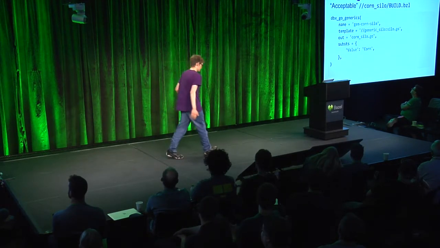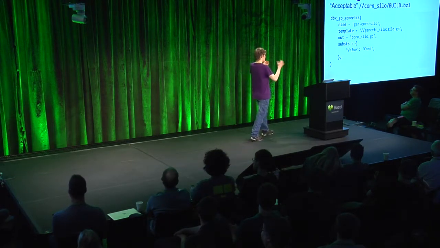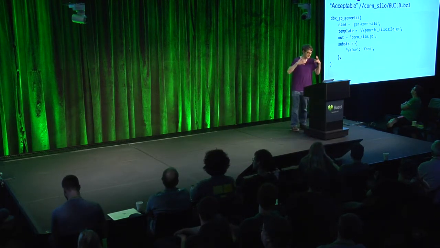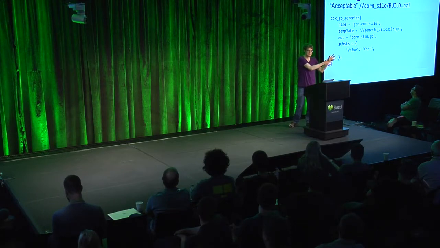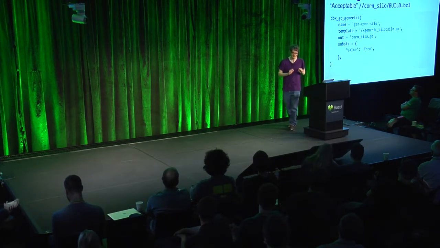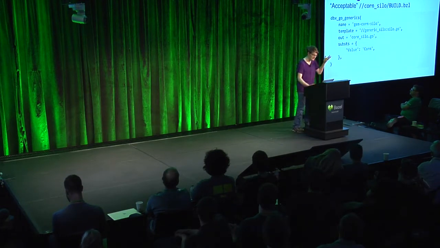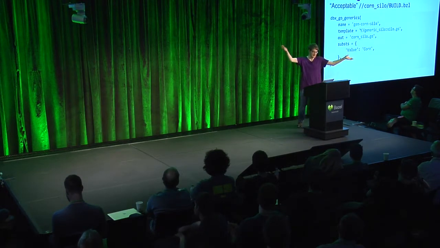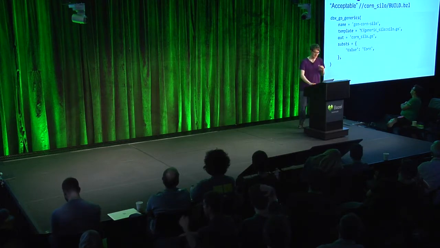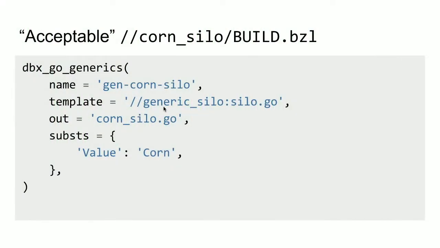Right? So it's eminently possible and rather easy to write a rule that takes an input file, a template, applies some substitutions to it, and emits an output file. So I sketched up an advanced example of how you do this. You'd have your dbx go generics rule, which took the template, the generic silo, emitted an output, and then the substitution dictionary has just been moved to Skylark, right?